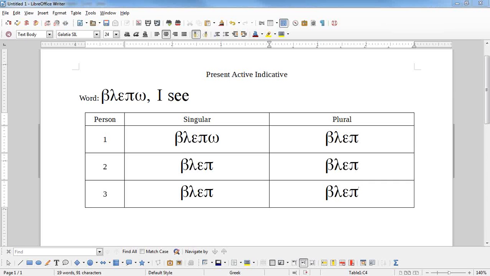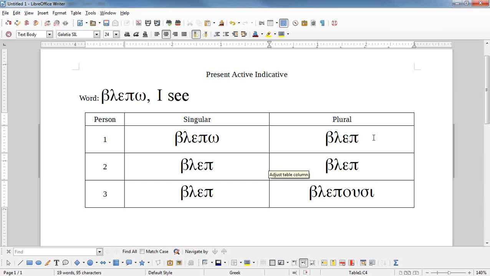Anyone have it? If someone said it, I'm sorry, I didn't hear it. What do we add on the third person plural? Sigma, iota. Beautiful. That's exactly right. Omicron, upsilon, sigma, iota. Excellent.